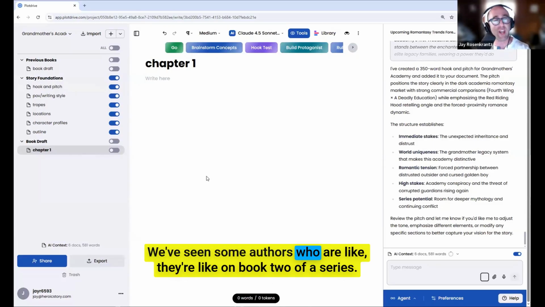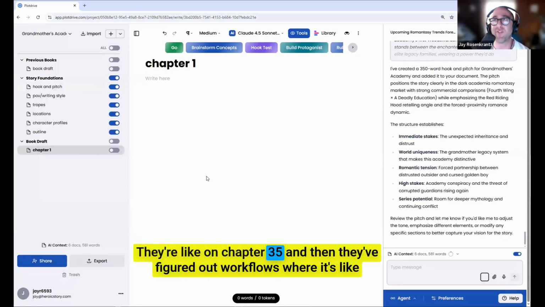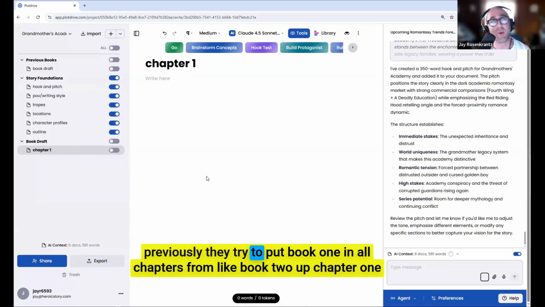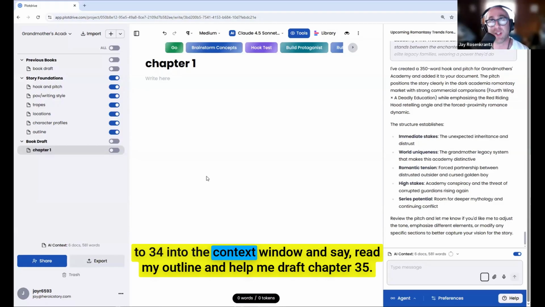We've seen some authors who are on book 2 of a series, on chapter 35, and they've figured out workflows where previously they'd try to put book 1 and all chapters from book 2, chapters 1 to 34, into the context window and say, read my outline and help me draft chapter 35.